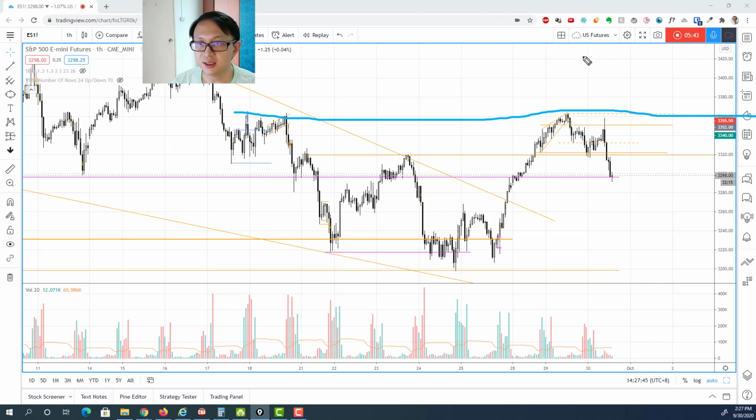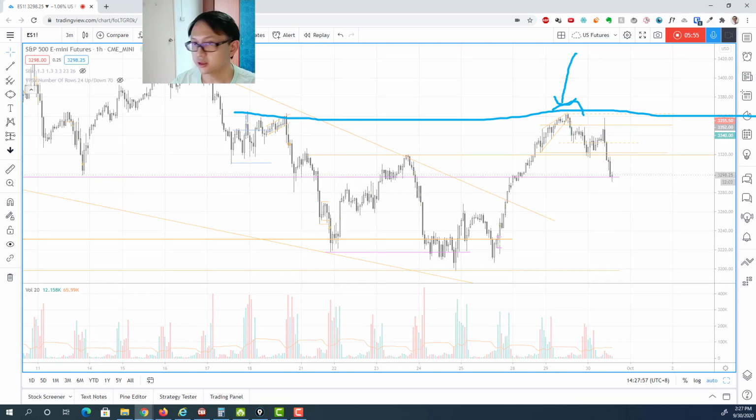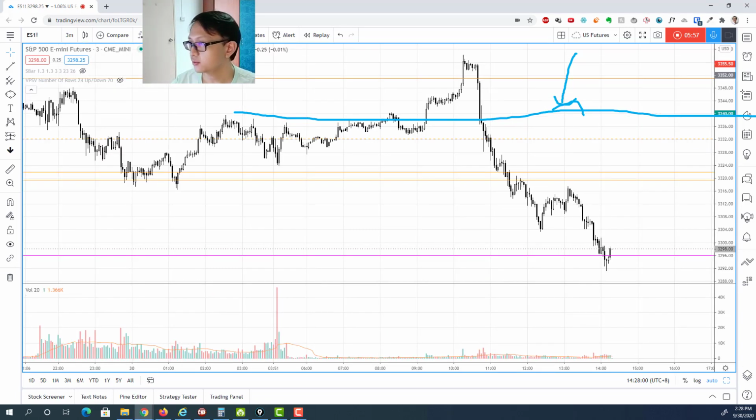So you can see that the rising wedge actually just stopped right at this level. So stopped right at the resistance level with a rising wedge. So the context is very important in this case, because right at the resistance level, it doesn't really necessarily mean that we need a reversal straight away for the trend to go down.